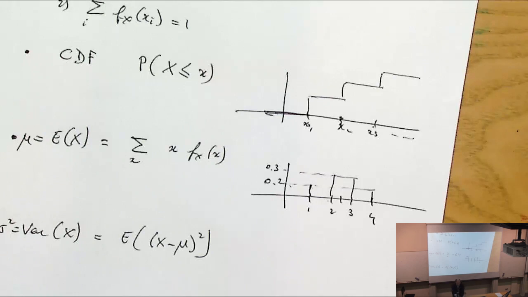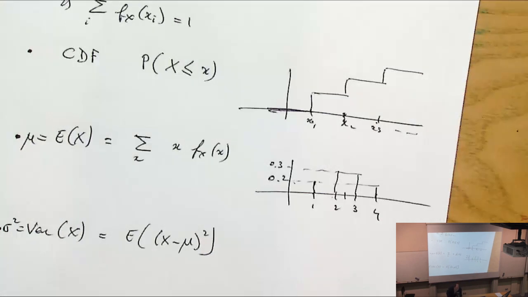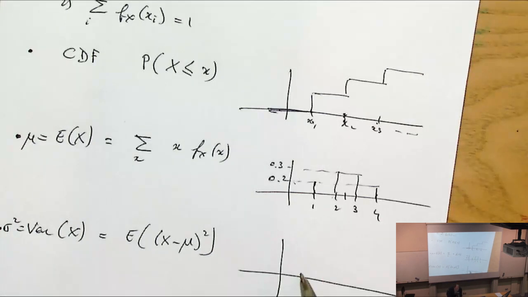What this measures is the spread of the probability mass function around its mean. You can have a distribution like this, or you could have distributions where you still have those 4 values but they are uniformly distributed, so you have values here, here, here, and here.